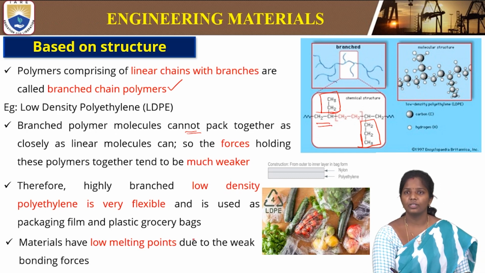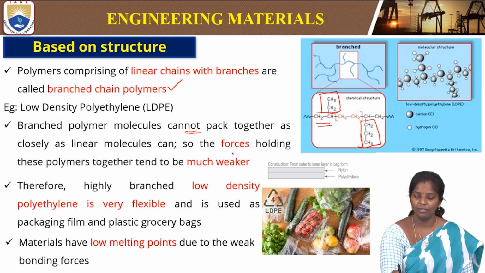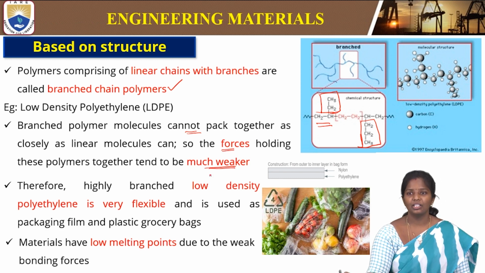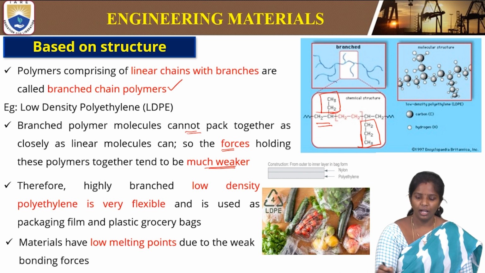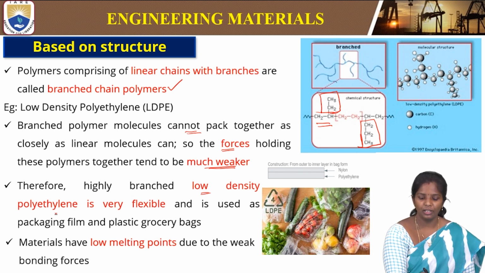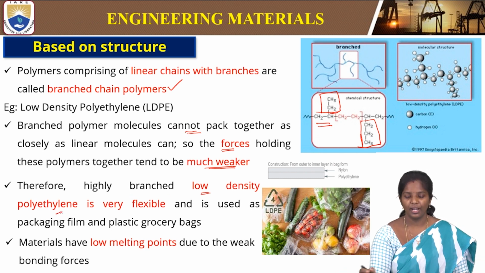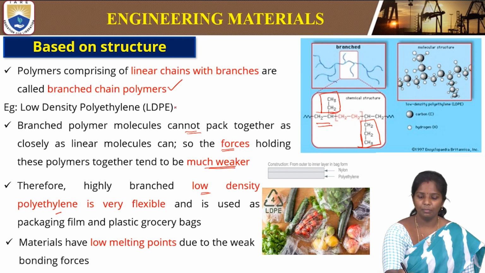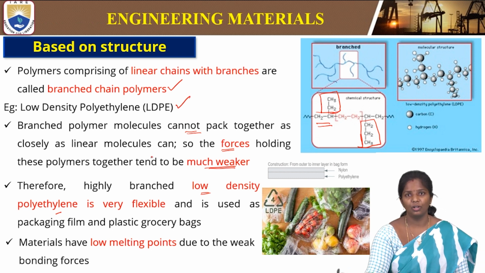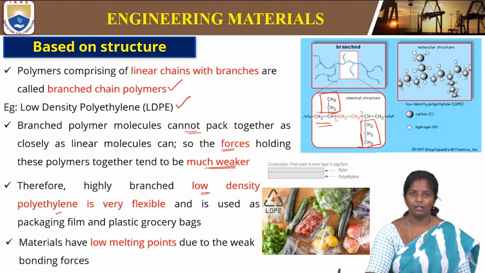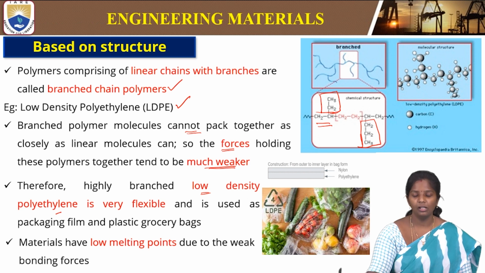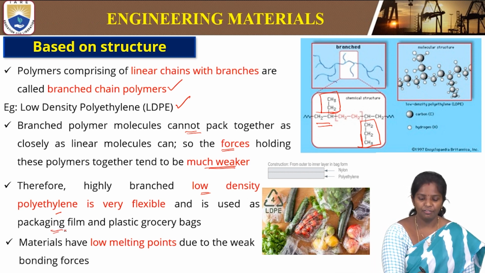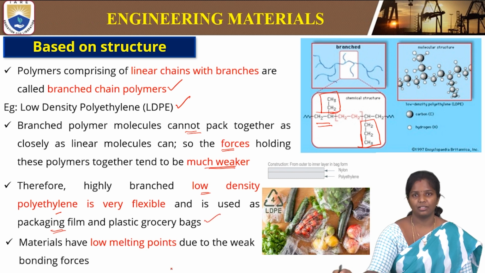So they are not closely packed, and therefore have forces that are much weaker compared to the linear chain polymers. Therefore, highly branched low density polyethylene is flexible. If we see our previous example, HDPE is strong, with high strength. However, LDPE, an example of branch chain polymers, forms flexible material. Therefore, they are used in packing films and plastic bags for groceries.